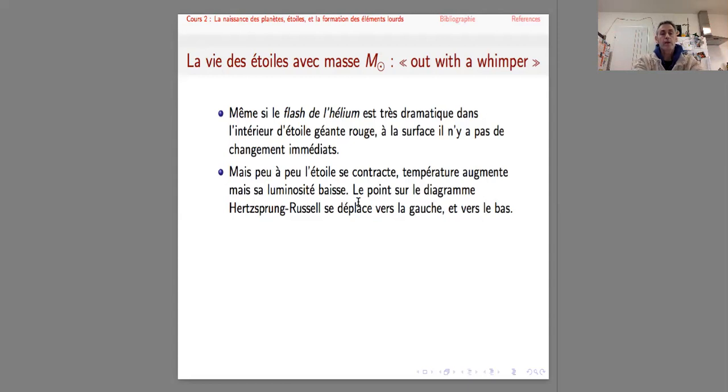As a result, the location of the red giant star on the Hertzsprung-Russell diagram will migrate down and to the left, and I'll do that to my right, which I think is your left, because its temperature is going up, which was to the left on the Hertzsprung-Russell diagram, but its luminosity is going down, so it goes down along the vertical axis.